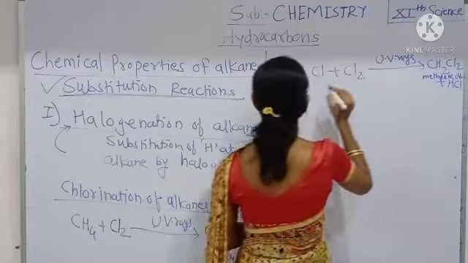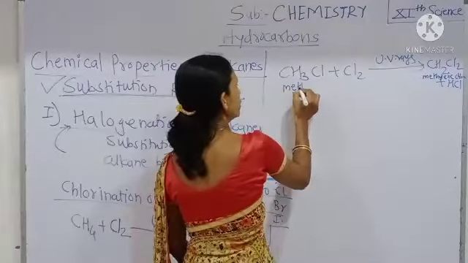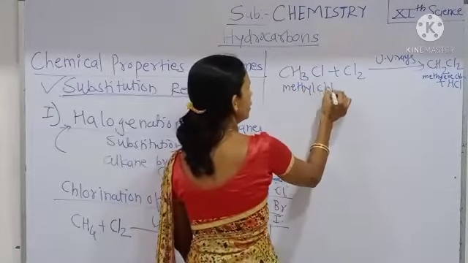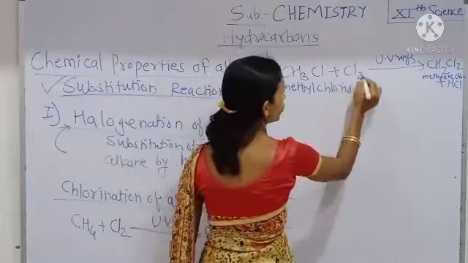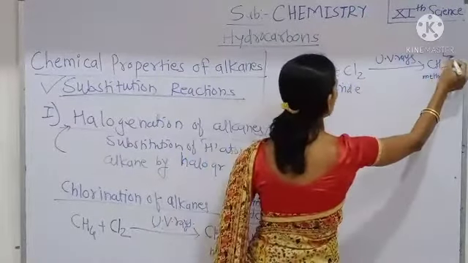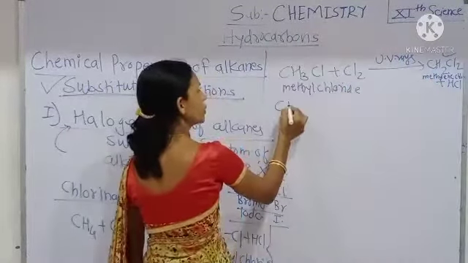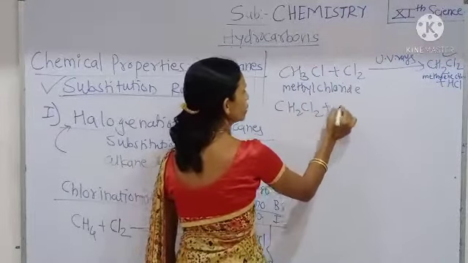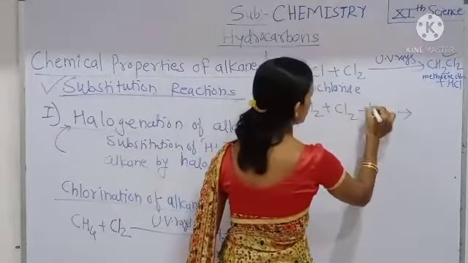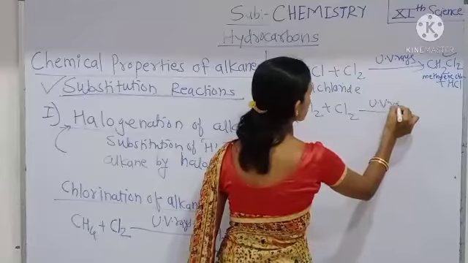Methyl chloride undergoes chlorination, it gives methylene chloride. Further, methylene chloride undergoes chlorination in the presence of UV rays.